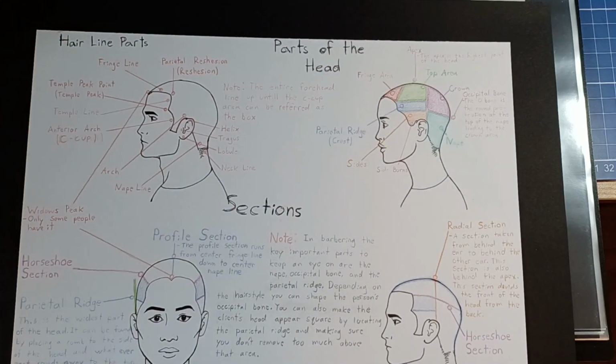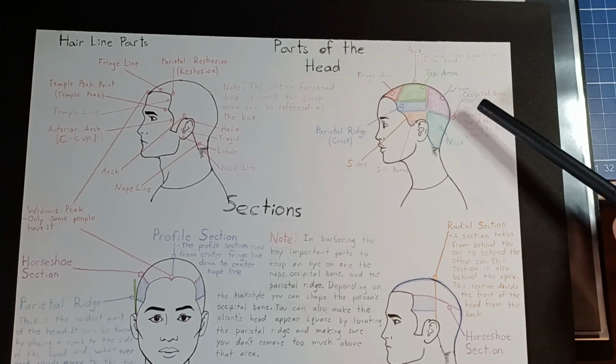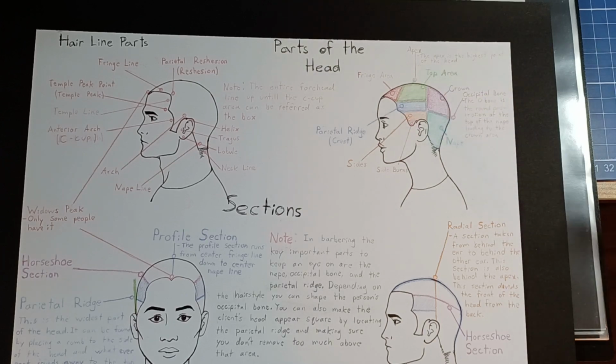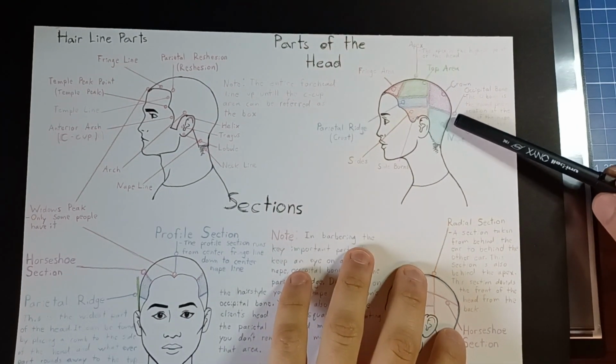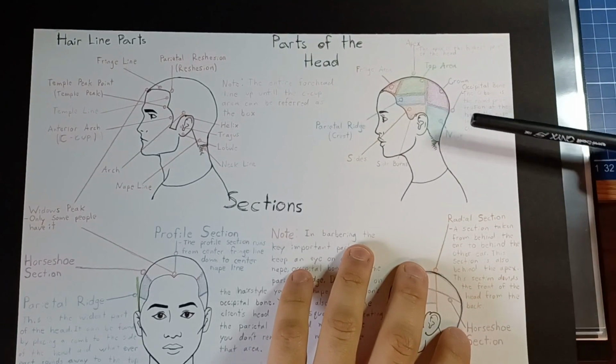The key things I feel are important are the occipital bone and the parietal ridge. The reason I feel these two parts are the most important is that not everybody has an occipital bone. Some people's heads are almost completely flat at the back.